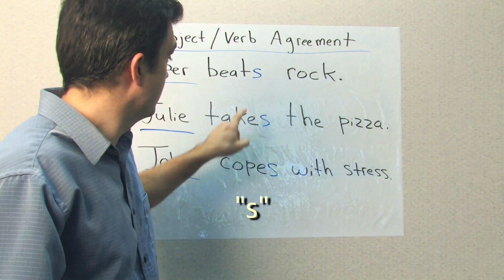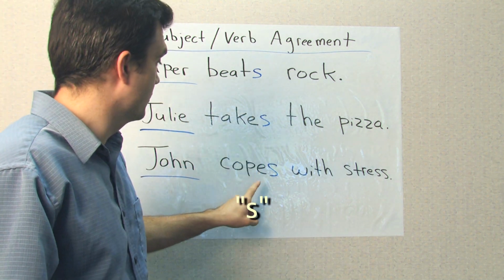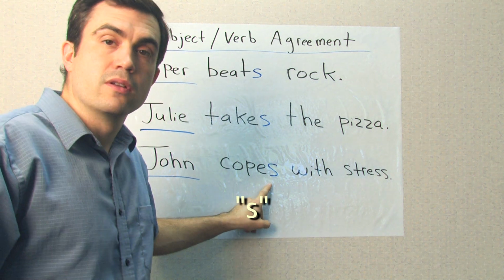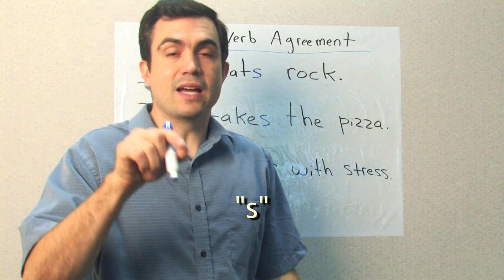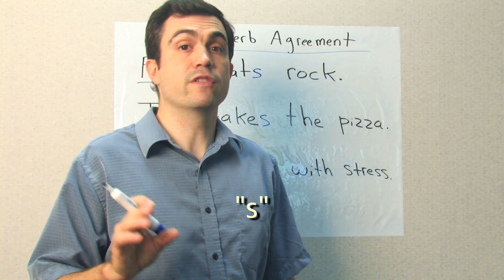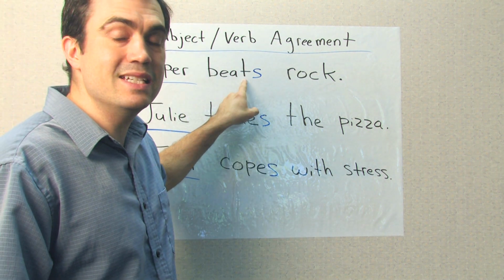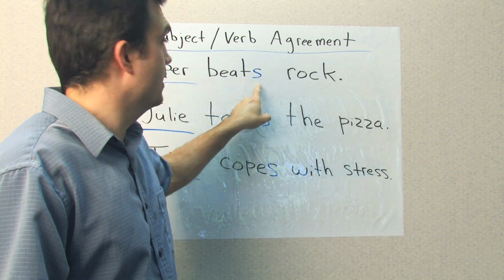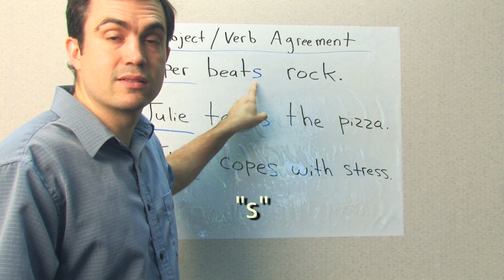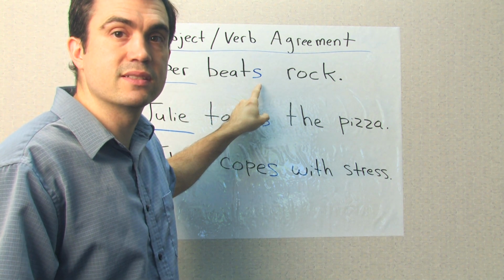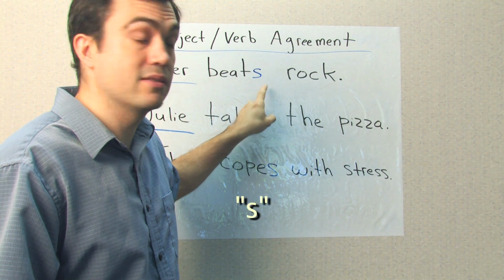Beats. Takes. Copes. So this S sound is called voiceless. If it ends in a T sound, t, it's voiceless. Beats. T, t, beats.